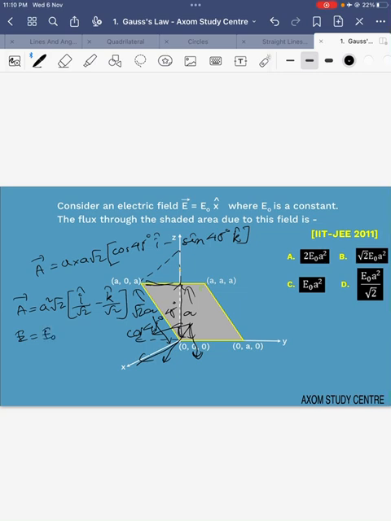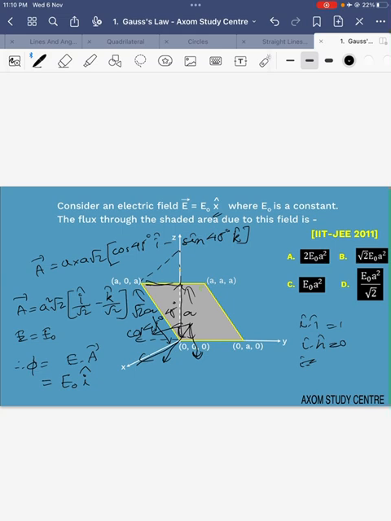Now E is E naught i cap only. So flux is E dot A. i cap into i cap is 1, i into k is 0, so this part will be 0.